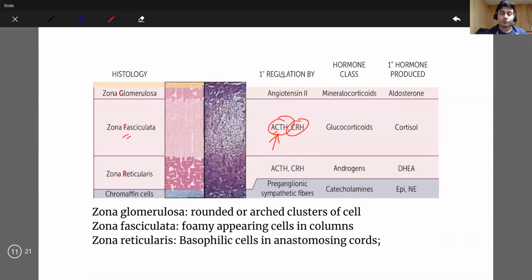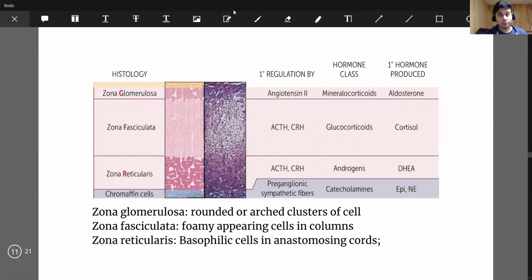That means the CRH from the hypothalamus works on the anterior pituitary to release the ACTH. And this works on your zona fasciculata to release the glucocorticoid cortisol, which helps in regulation of glucose and several metabolic processes of our body.